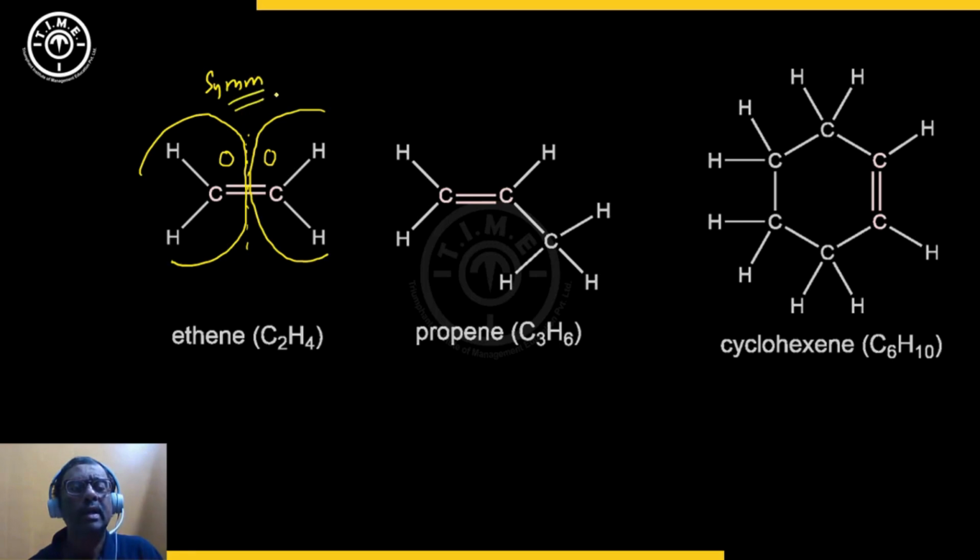A symmetrical alkene, even if it is acyclic, it will give only one compound. It will give 2 moles, but of the same compound, because it is a symmetrical alkene. An alkene which is symmetrical will give only one compound. Keep that in mind.